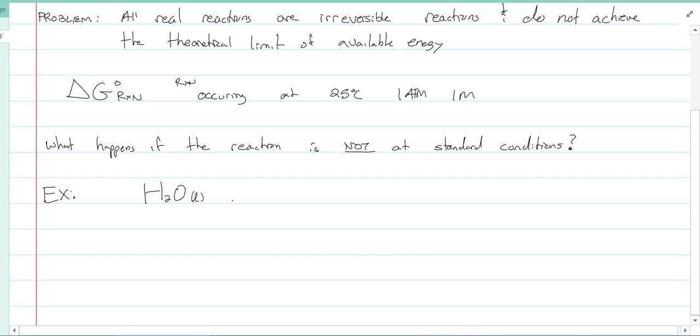H2O liquid going to H2O gas. The standard free energy change for this reaction is plus 8.59 kilojoules per mole.